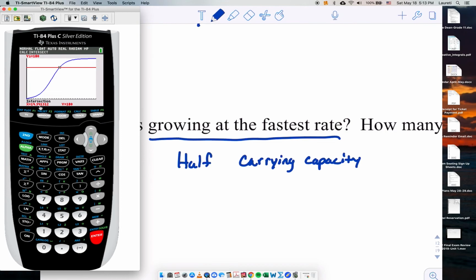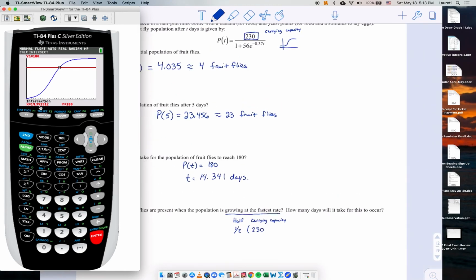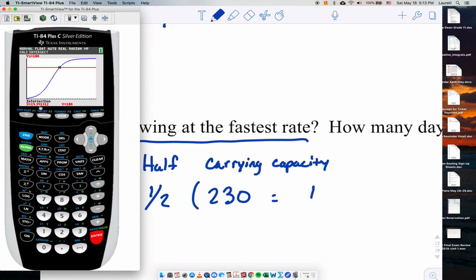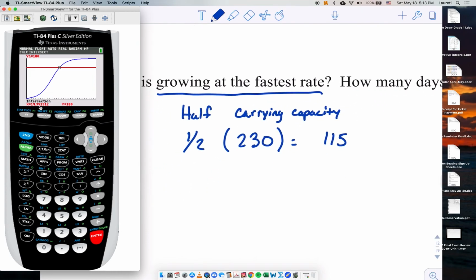Okay, so half of 230, right, which is what we started with, is going to be 115. Okay, so we're trying to figure out when does my population reach 115.